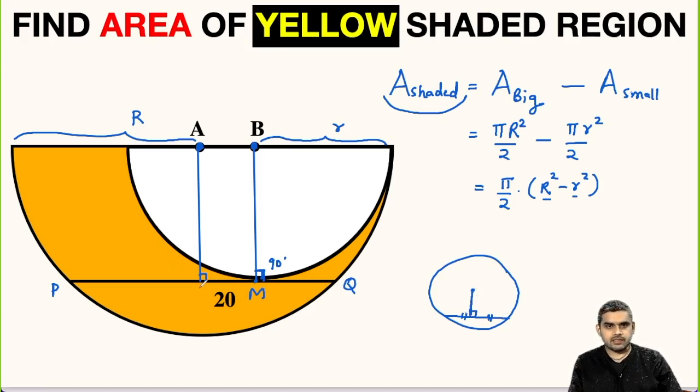So here, suppose this point is N, so P to N will be 10 units and N to Q will also be 10 units, because this AN is perpendicular. So this will bisect the chord. This will be a median. Okay. So P to N length is 10 units and N to Q is also 10 units.